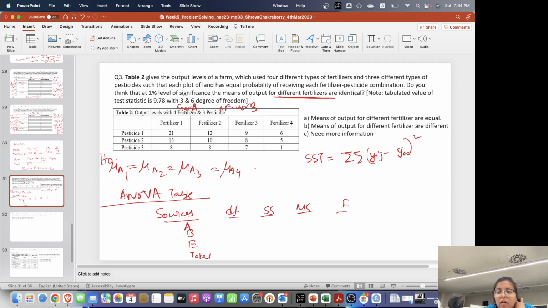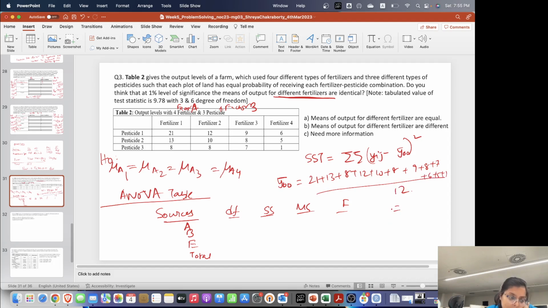So Y naught naught bar, how am I going to calculate: 21 plus 13 plus 8 plus 12 plus 10 plus 8 plus 9 plus 8 plus 7 plus 6 plus 5 plus 1 divided by 12. How much do you get?